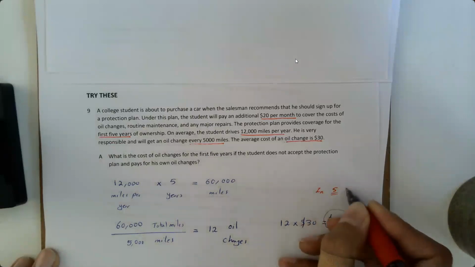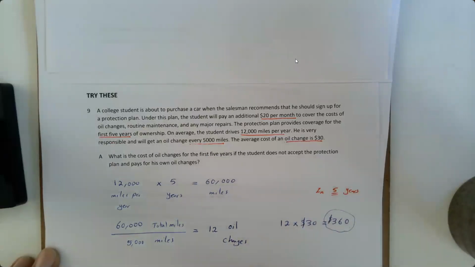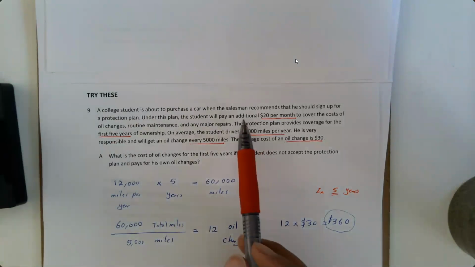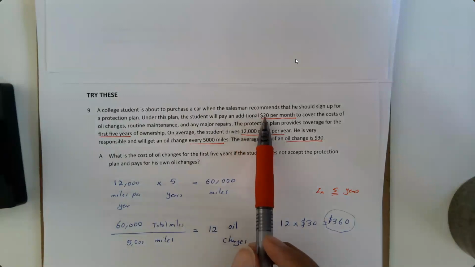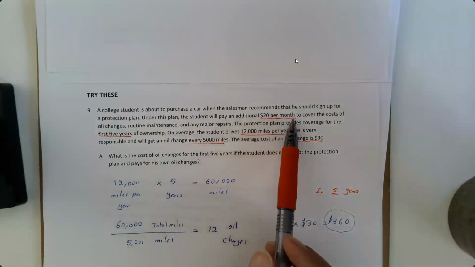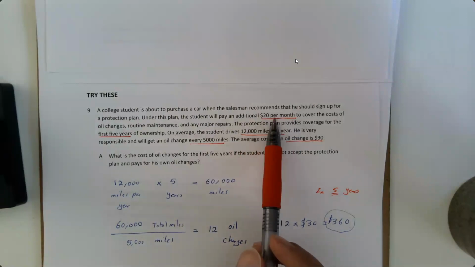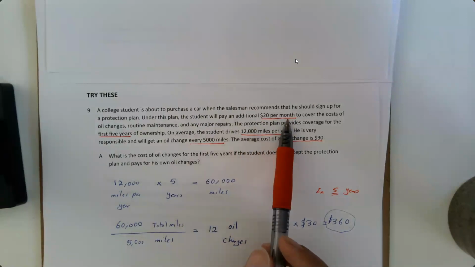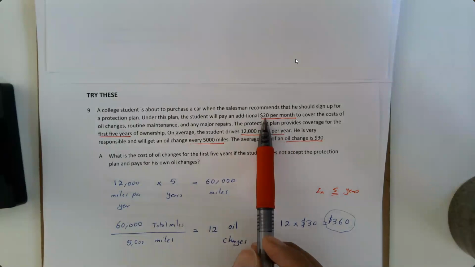Okay. So now think about it this way. The plan costs $20 per month. So in 1 year, the student has to pay $240.